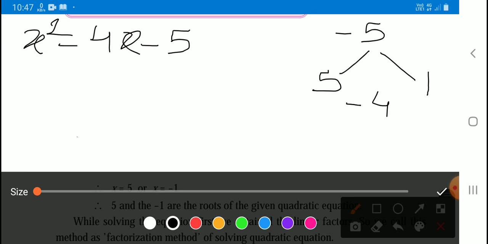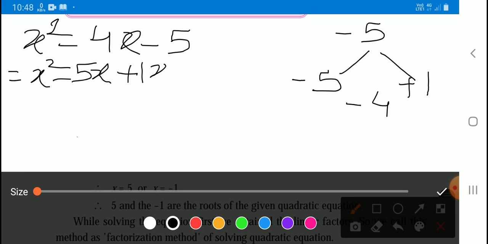Now 5 contains a negative sign, so the bigger number gets the negative sign and 1 will be plus. Look, negative 5 multiplied by 1 is negative 5, and negative 5 plus 1 is negative 4. So we write the factors: x square minus 5x plus 1x minus 5.